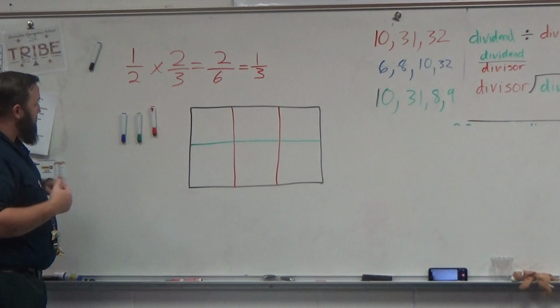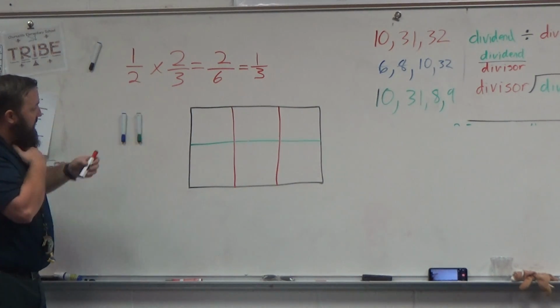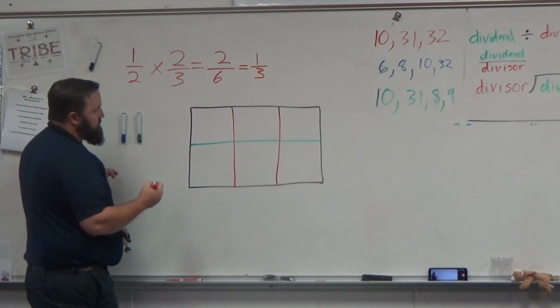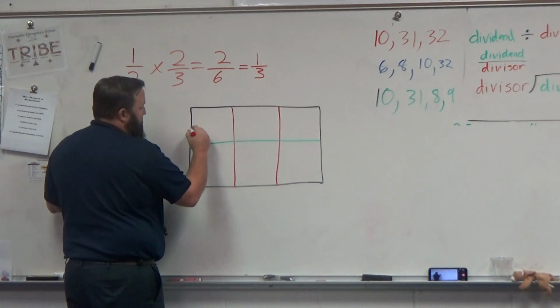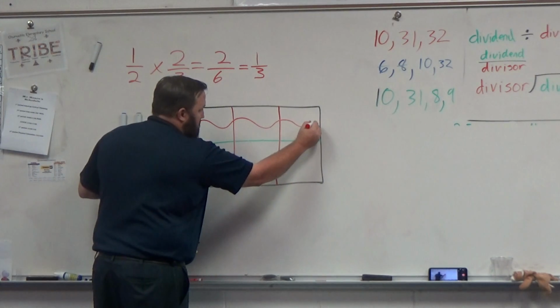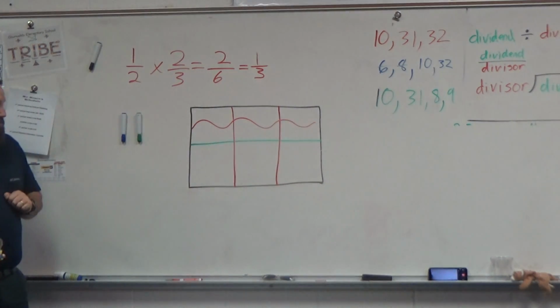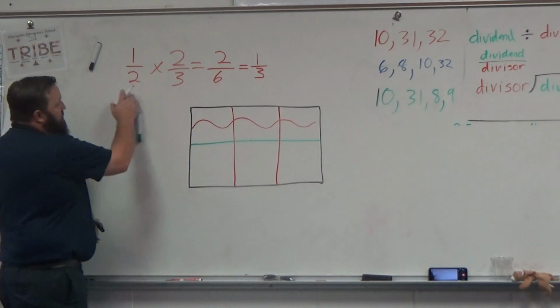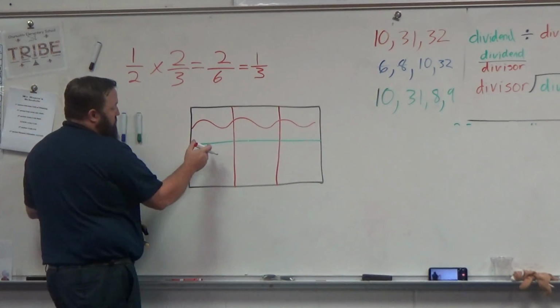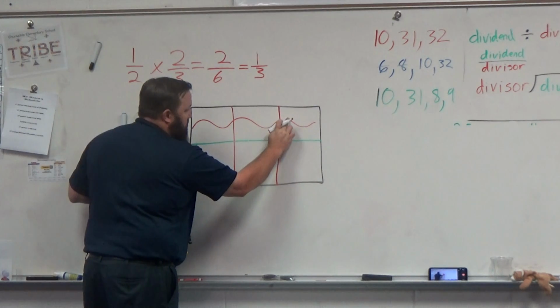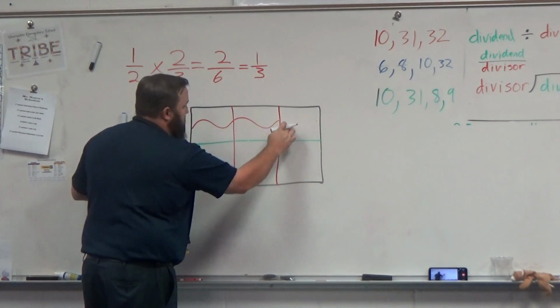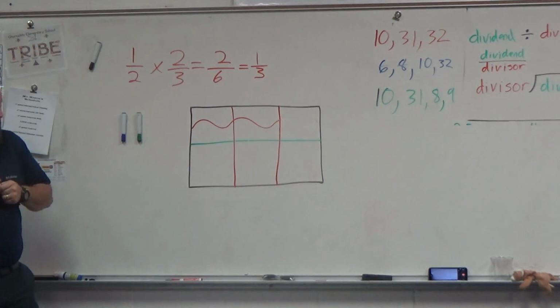If I just filled in half of the rectangle, that would be it. Now I want 2/3 of that. So 1/3, 2/3, then I won't need this part. Which will leave me with 2 filled in.